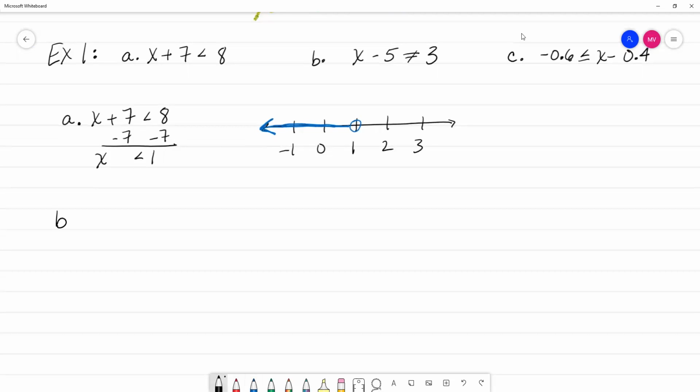Okay. B, we have x minus 5 is not equal to 3. So again, we're using our addition property of equality. The opposite of a negative 5 is a positive 5. So we're adding 5 to both sides, and x does not equal 8.